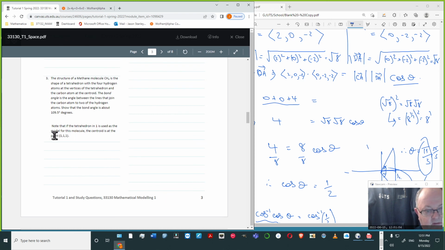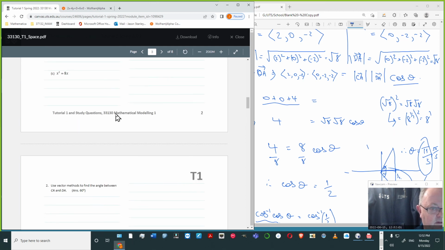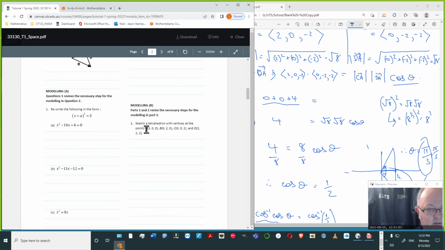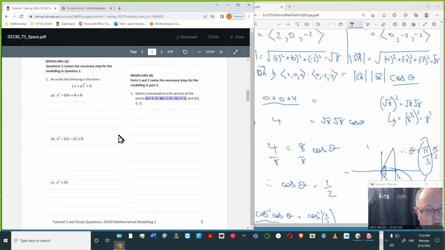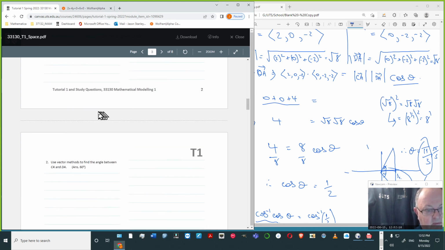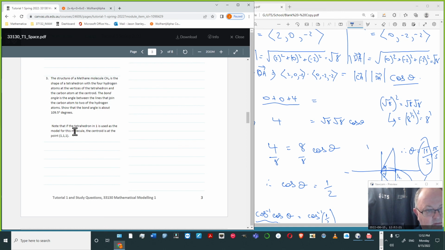Okay, so what this is doing is assuming that because you've just done a similar question, you're going to be able to reconcile that this centroid D was at 222, and so it had A, B, and C vertices at 2, 0, 0 and so on. You're going to be able to reconcile that you're going to have 1, 0, 0, 0, 1, 0, 0, 0, 1, and your centroid at 1, 1, 1.